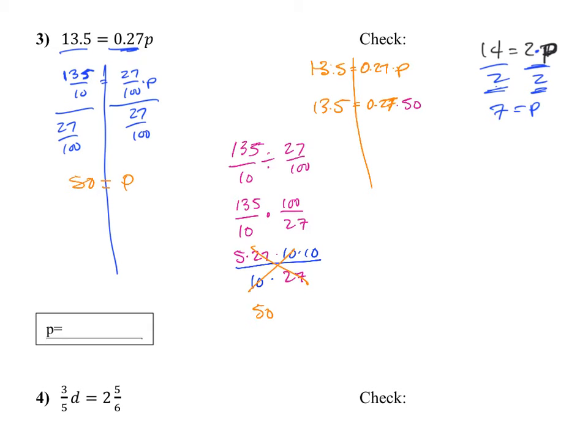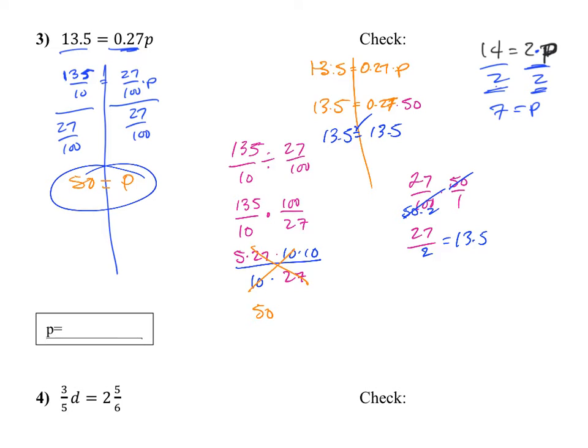I have 27/100ths times 50 over 1. Then I can see that this is 50 times 2, so the 50s reduce. And so I'm going to have 27 divided by 2, which is 13.5. So this side was 13.5 and this side is 13.5. So yep, they are balanced. So P does equal 50.